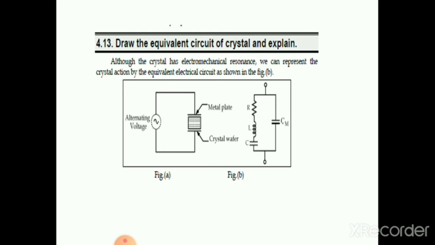And in figure B we have the equivalent circuit of this particular crystal, that is, it is replaced by R, L and C in series, resistor, inductor and capacitor. These three are connected in series, and these are again connected in parallel with a capacitor which is represented by Cm.